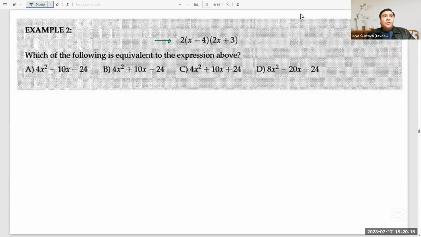Option B says 4x squared plus 10x minus 24. Option C, 4x squared plus 10x plus 24. And option D, 8x squared minus 20x minus 24. Okay, that's it. Please try.